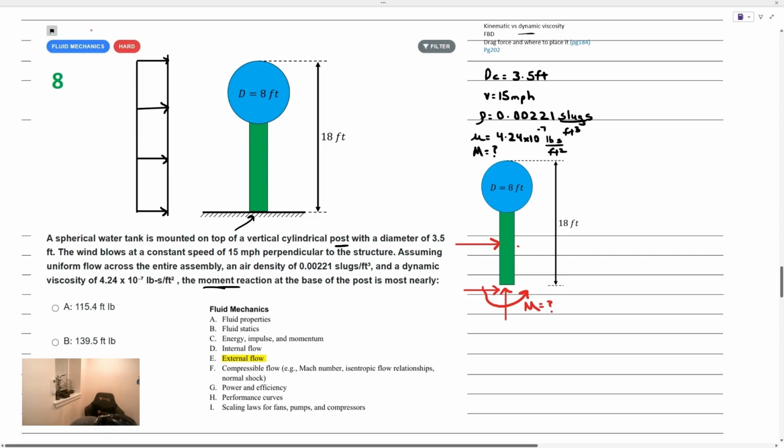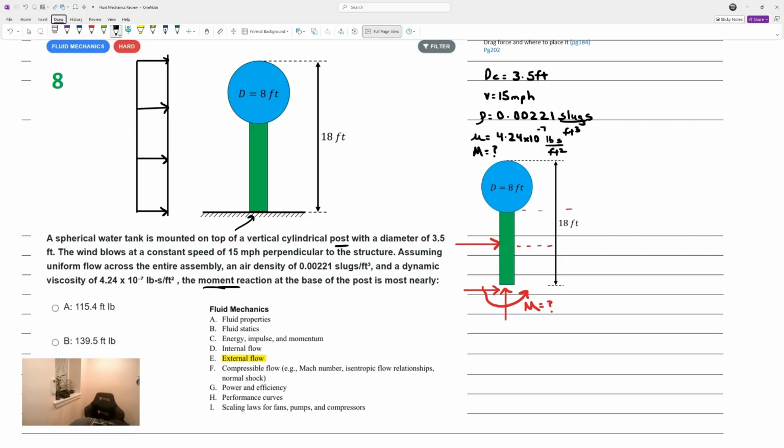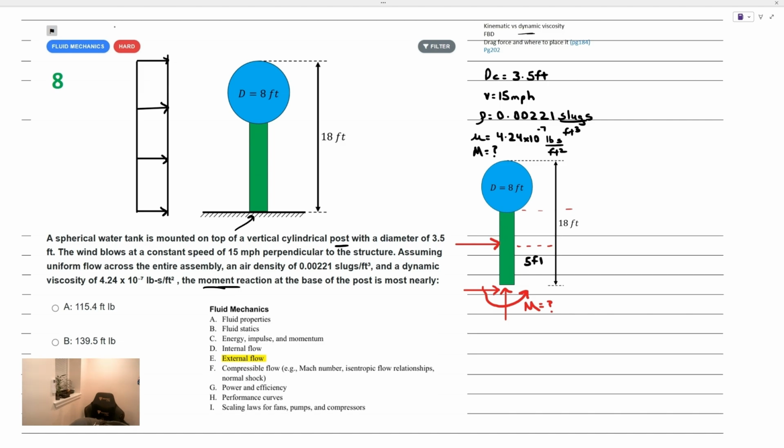So this would be the distance from the base all the way to the centroid of that cylinder. It's 18 minus 8, that means this is 10 feet here. We know that this is 5 feet here. That is this.